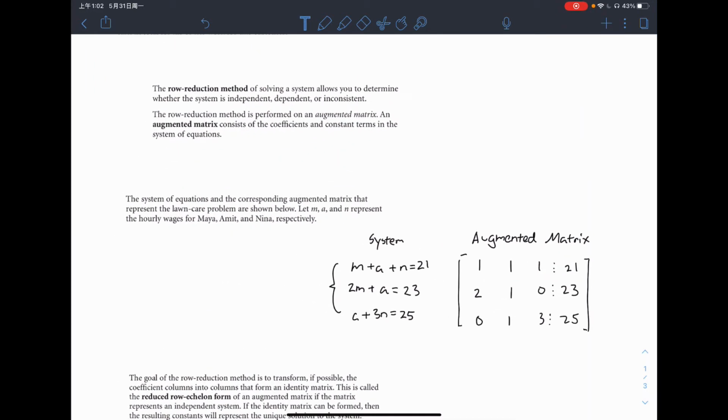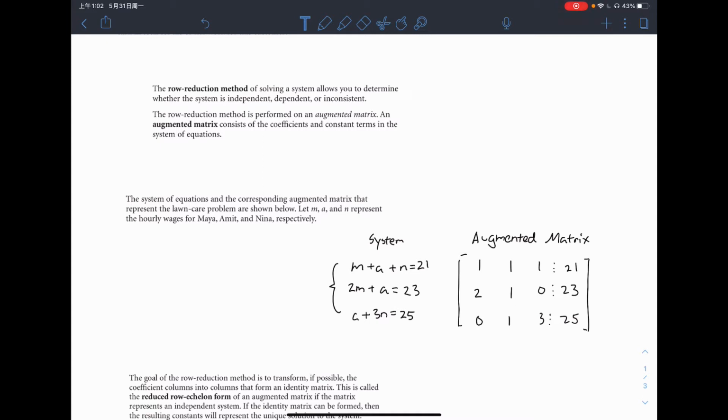The system of equations and the corresponding augmented matrix that represent the lawn care problem are shown below. Let M, A, and N represent the hourly wages for Maya, Amit, and Nina, respectively. For the system, you have M plus A plus N is equal to 21, 2M plus A is equal to 23, and A plus 3N is equal to 25.